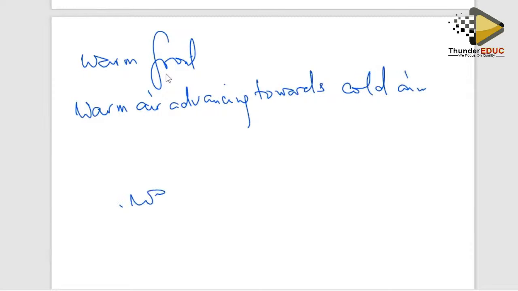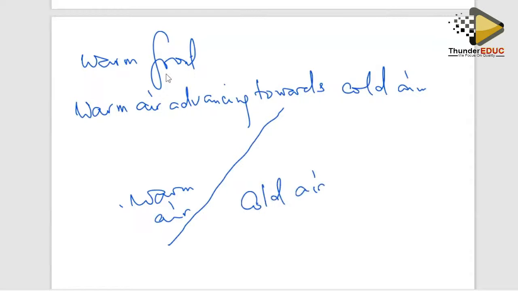Like if we have warm air here, this is a warm sector, and we have a boundary that is likely to form. Cold air is there. So our system is moving in that direction. Warm air is trying to push towards cold air here. What is the result?